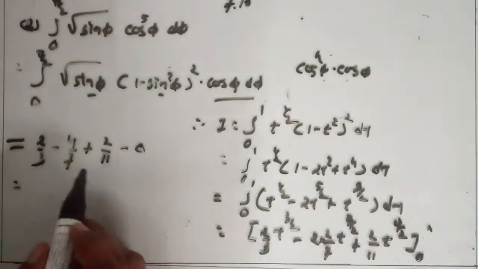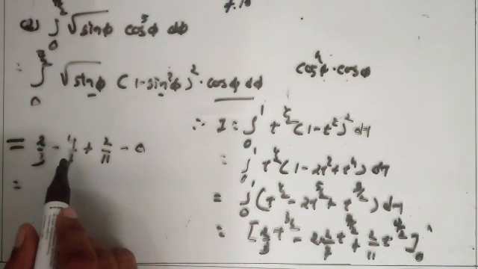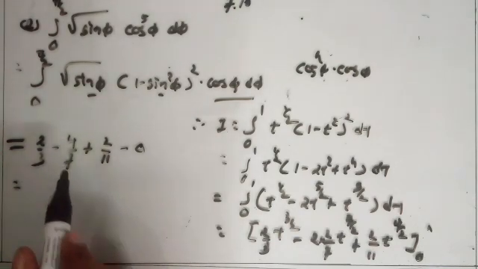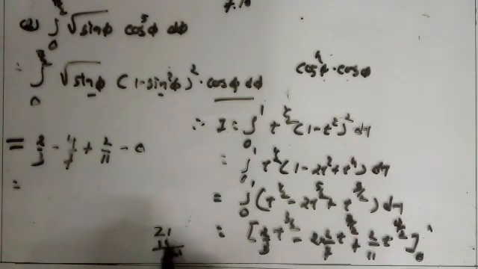Now simplify this. 11, 7 and 3 are all prime numbers, so 7 times 3 is 21, and 21 into 11 becomes 231.